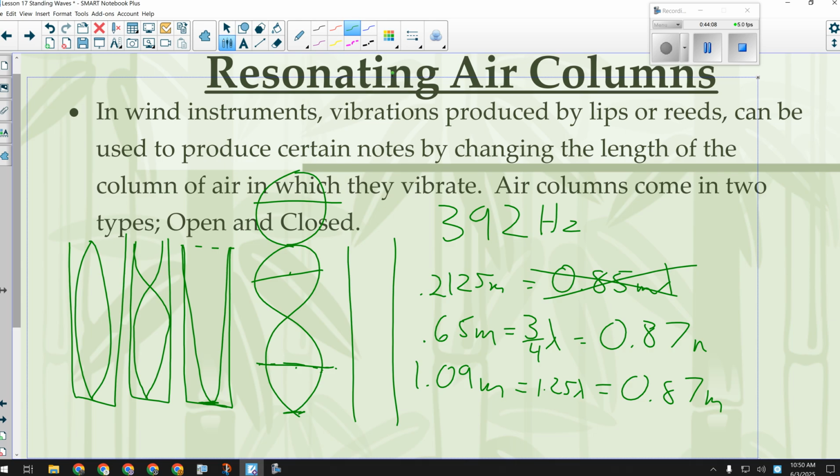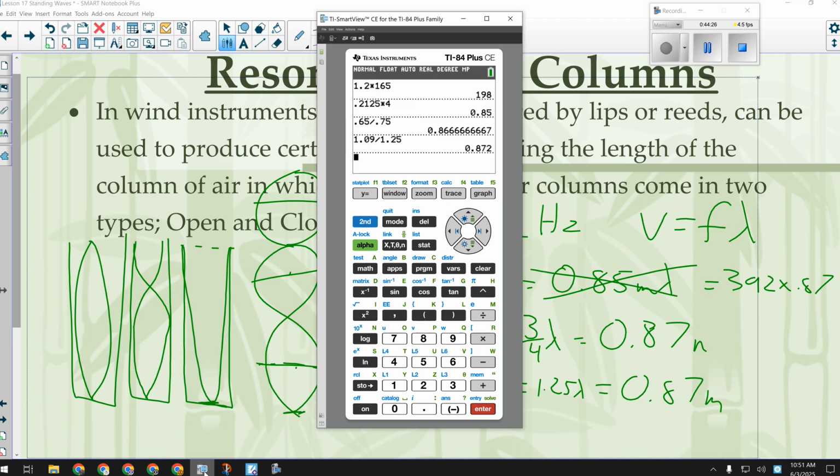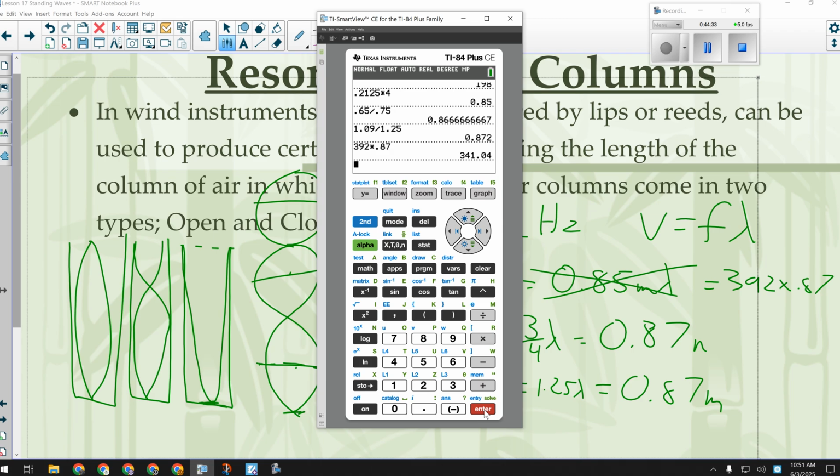Okay, what do we get? All right, if I want to calculate speed of sound, v equals f times lambda, 392 hertz times 0.87, 341 meters per second.